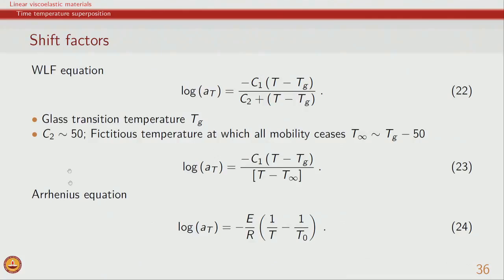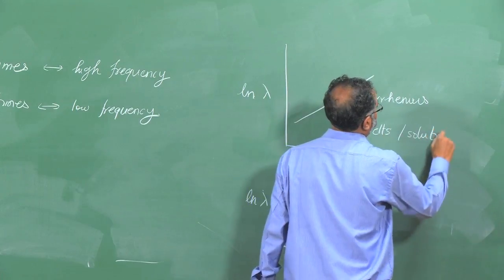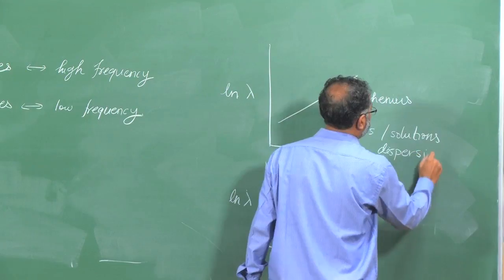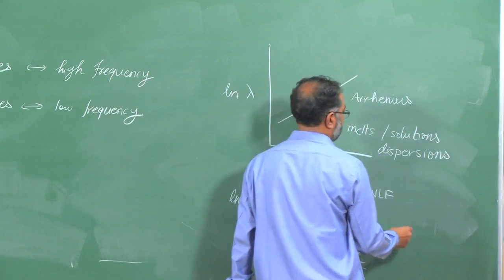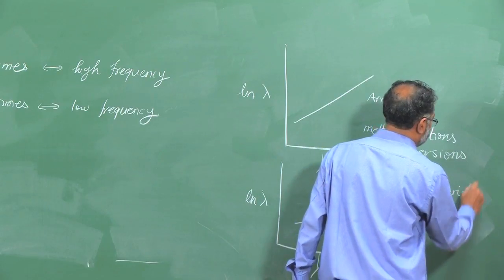The other dependence is Arrhenius, which is just exponential, where E by R is the barrier energy, the activation energy. Generally Arrhenius is observed for polymer melts and maybe some dispersions, while WLF is observed for materials approaching glass transition.